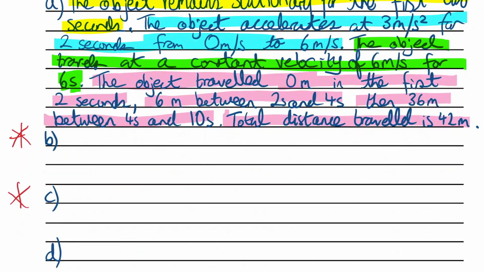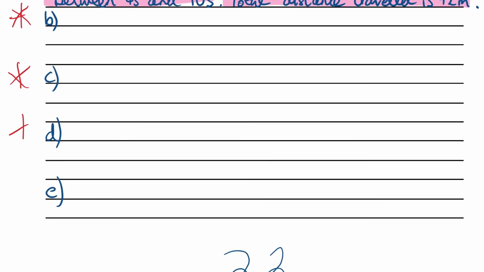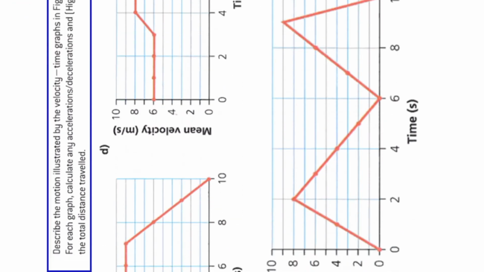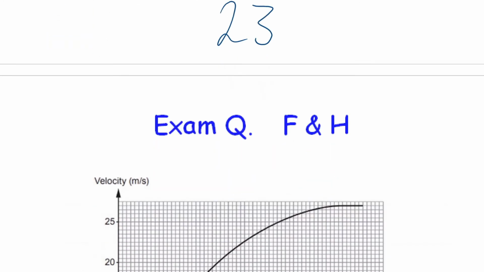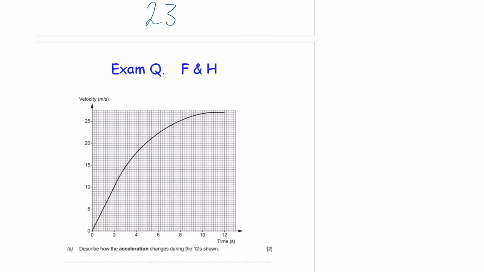B is at the top. C, D and E are on the next page, page 23. There they are. Okay, the remaining pages, 24, are past paper exam questions.